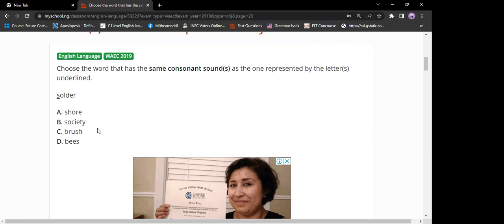Your monophthongs are 12 in number. You have the long E sound, and the short E sound.